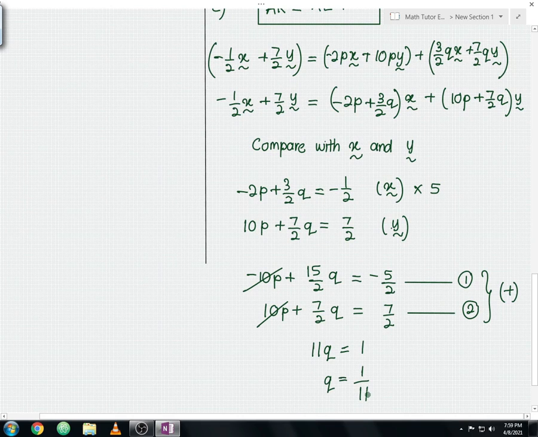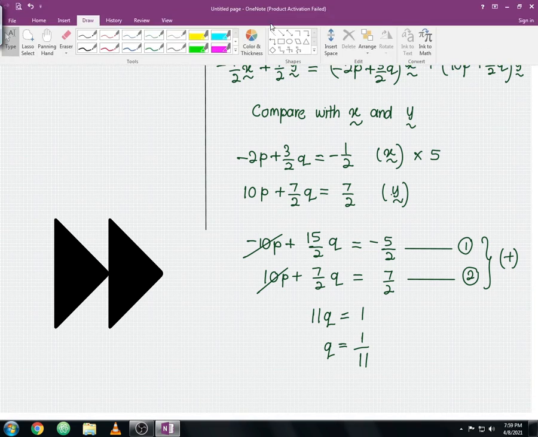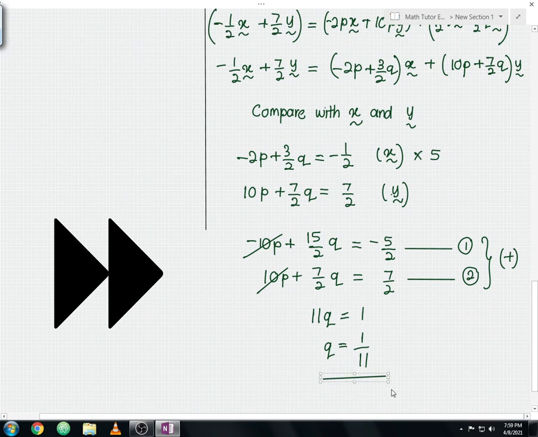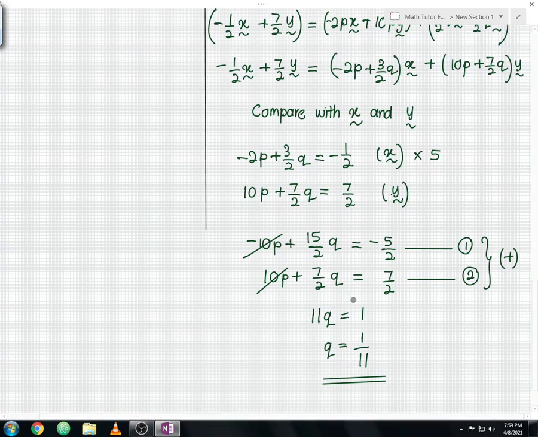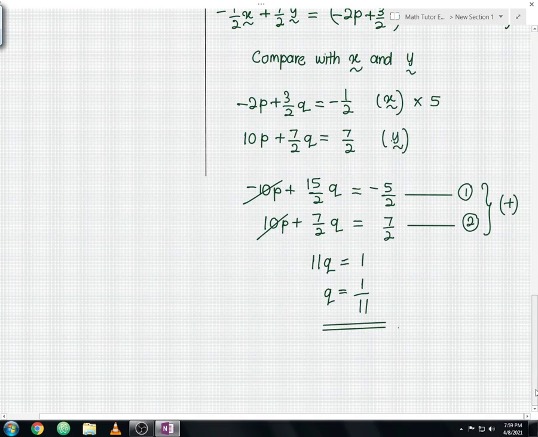Okay, so this is your first solution. Okay, let me underline the first solution over here. Okay, so once you get the value of q, now you can use this value of q and substitute in either one of these following equation, okay, or in any other equation. It is up to you guys. Okay, so in this case I prefer to substitute into the component x equation. So from here let us continue.